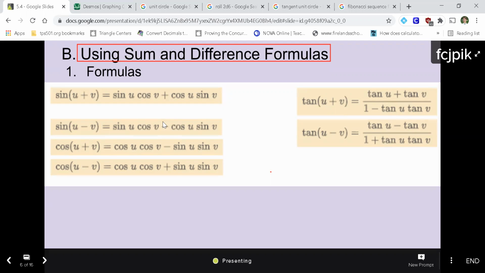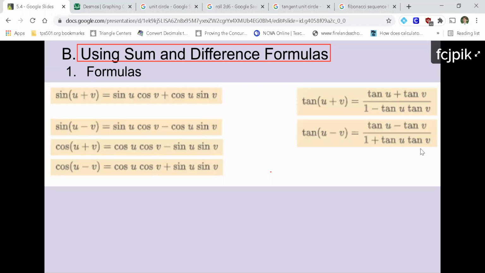The cosine of u plus v and cosine of u minus v is just cosine, cosine, sine, sine, and then you do minus plus. And then the tangent of u plus v or tangent of u minus v is tangent plus or minus tangent on the top, 1 plus or minus tangent, tangent on the bottom. So there is a pattern to them. They're not completely abstract.